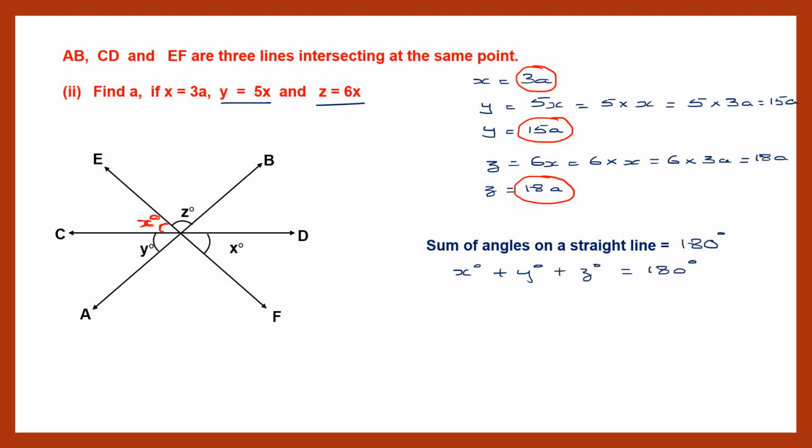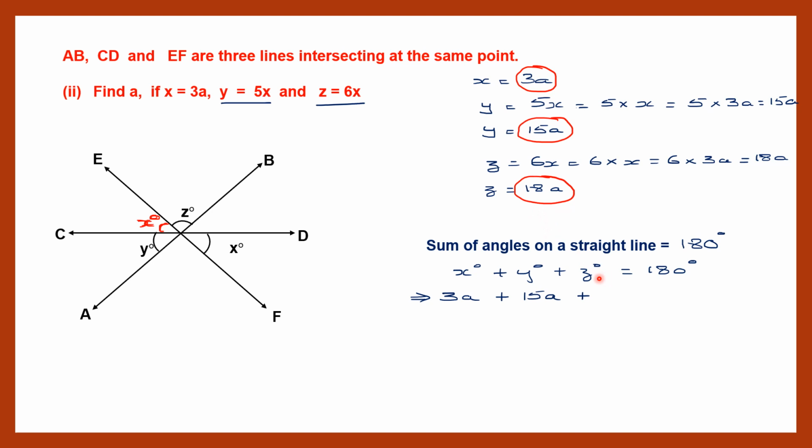Now let's substitute the values. Now x is 3a. So this will be equal to, this is an equation, 3a plus y is 15a. So instead of y, let's write 15a. So that is 15a plus z is 18a.